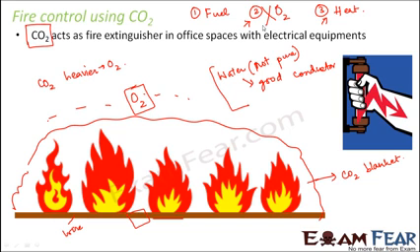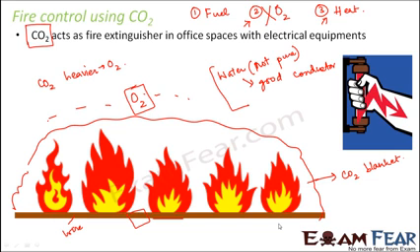Inside that you have carbon dioxide in liquid form, and when it is released, it neutralizes the oxygen that is causing the fire. Another advantage of using carbon dioxide as a fire extinguisher is that fires do not recur immediately because of the lack of oxygen, because all the oxygen is being pushed out by carbon dioxide. So it actually neutralizes the oxygen.